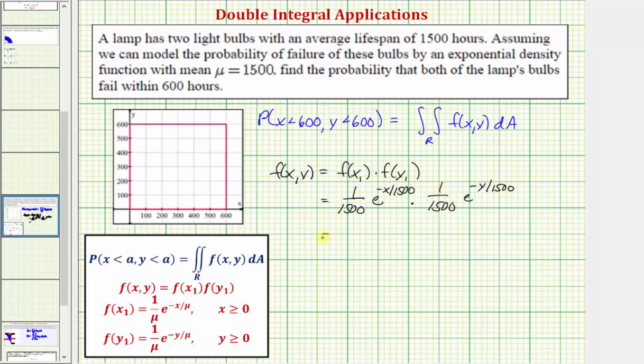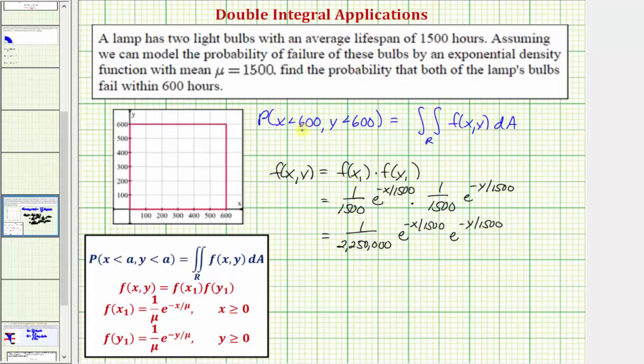Multiplying the coefficients, we have f(x, y) equals 1 divided by 2,250,000 e raised to the power of negative x divided by 1,500 e raised to the power of negative y divided by 1,500.